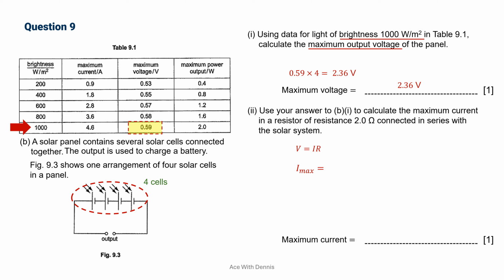So the maximum current, Imax, is the maximum voltage divided by the resistance. The Vmax we have calculated in part 1, which is 2.36 volts, and the resistance given is 2 ohms. Therefore, the maximum current is 1.18 amperes. Hence, 1.18 amperes is the answer.